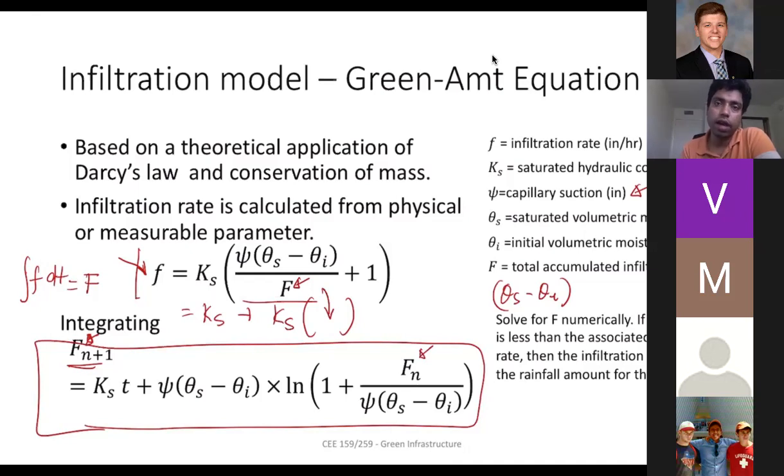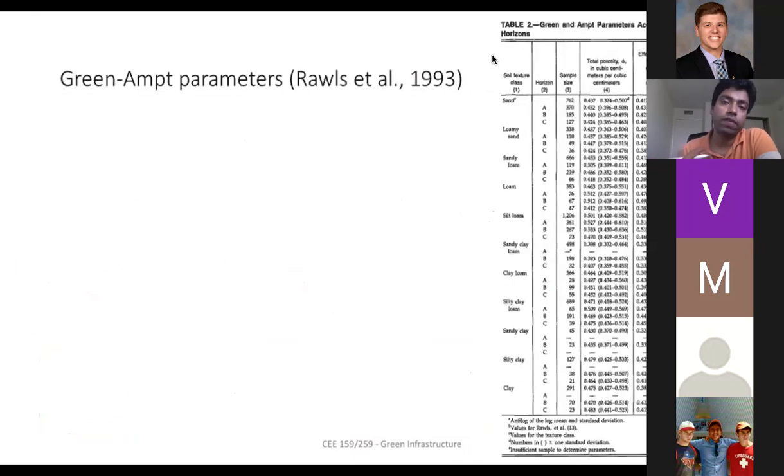You have to use a numerical method or do multiple time steps. I'm not going to solve this equation, just know that this exists. I'll not ask this question in exams, but this question is solved in one of those handouts. In any case, if it is needed for your project, you will be using these equations to estimate the infiltration rate. But just know it as a concept.